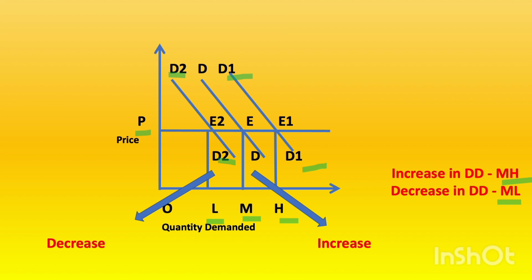In changes in demand we have discussed two things: one is the expansion and contraction in demand, that is purely due to changes in price, and the next one is increase and decrease in demand, that is purely because of other factors which affect the changes in demand. Okay, yes, I hope you all could understand the concept.